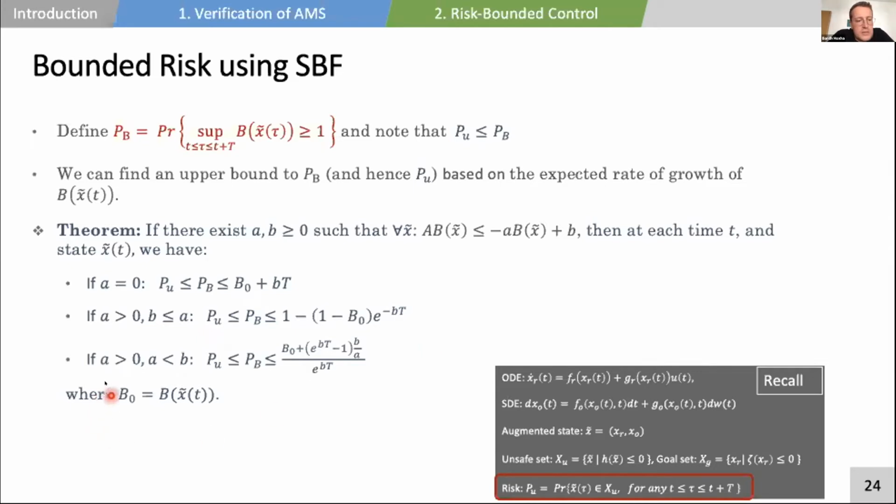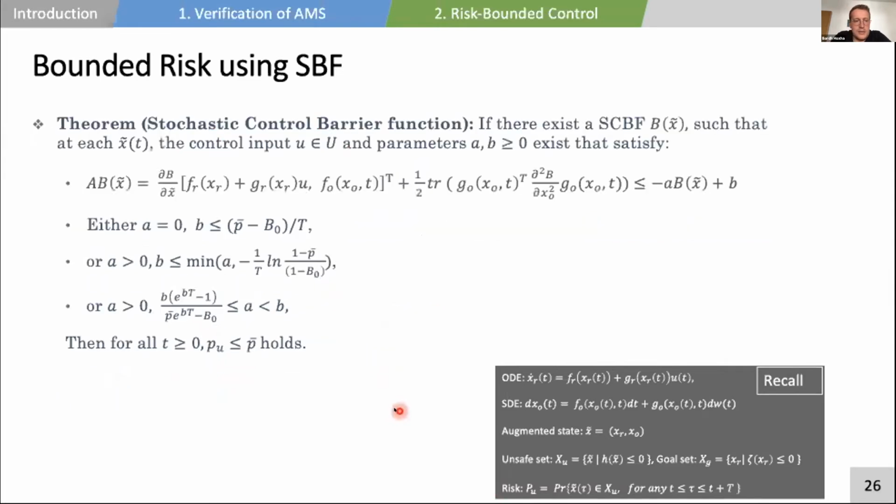And if a is greater than 0 and a is less than b, then we have P_U less than or equal to P_B less than or equal to this expression here. And we note that this is less than or equal to p̄, so that now this potentially allows us to develop another theorem.